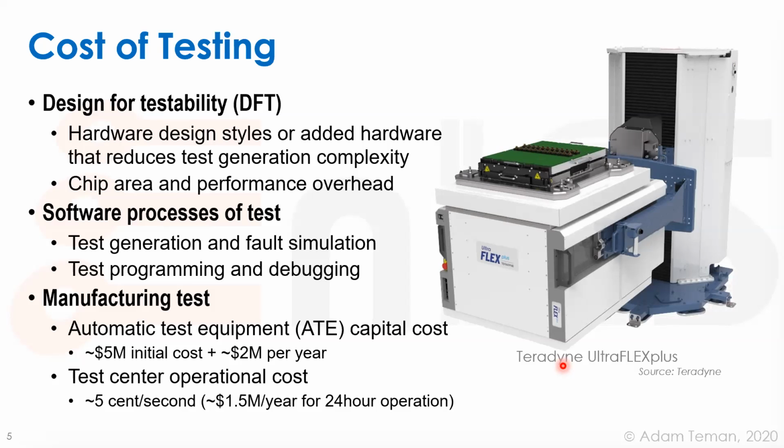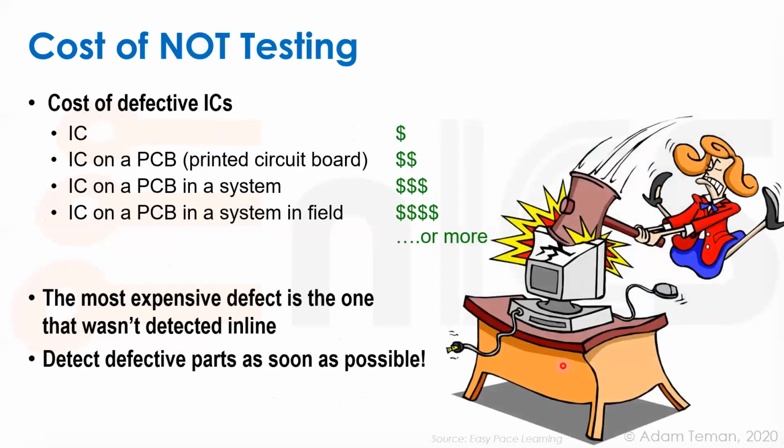Okay. So what's the cost of not testing? So Yuda made this little thing. I don't know if he copied it from somewhere or made it up, but a defective chip is going to cost us a bit. If we already put the chip on a board, welded it on the board and so forth, it's going to cost us more. If we already integrated it into a system with several chips, several boards, and other plastic parts and so forth, that's going to cost us a lot more.